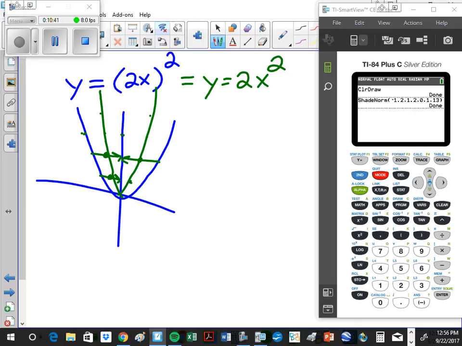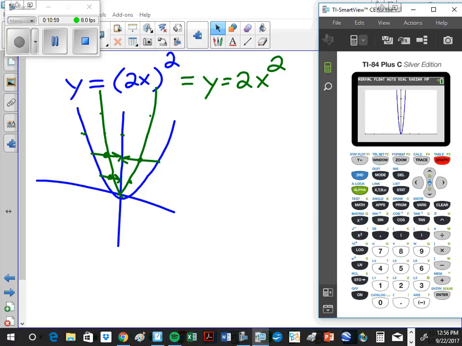Well, let's look. So 2x squared, and then the quantity 2x squared. When I graph it, oh, that's not going to work. Zoom standard. That didn't work.